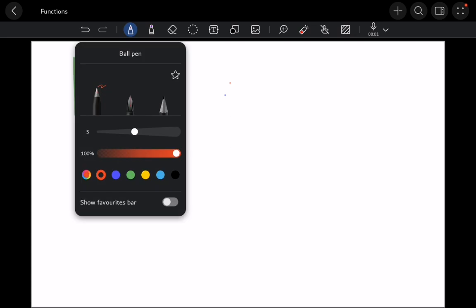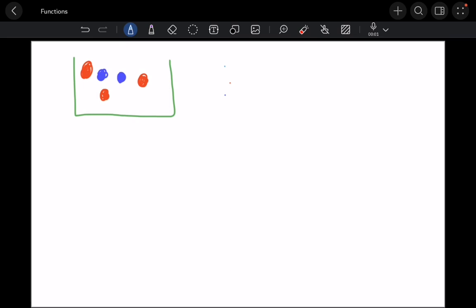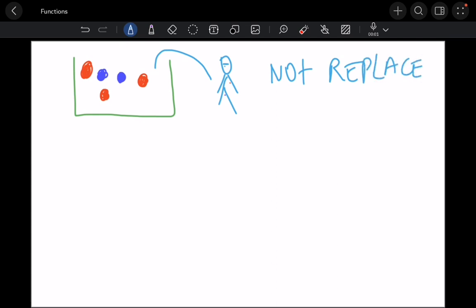And then you're asked to randomly select a ball from this, without looking. You select and not replace. What does that mean? When you take out a ball, you don't put it back.